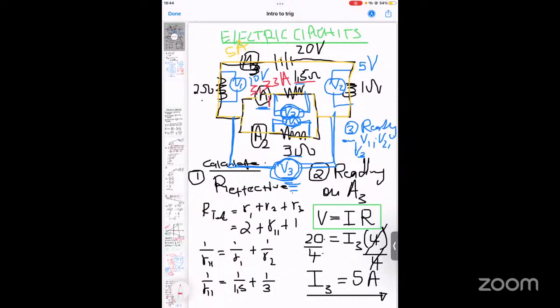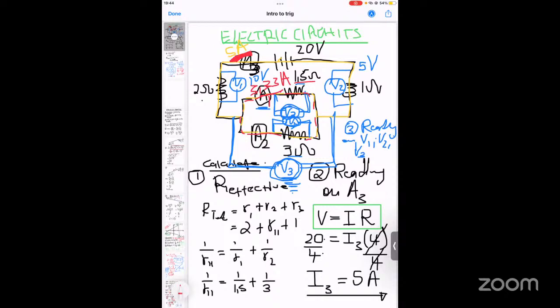It is obvious that the one passing through this other side will be 5 minus that one. Because we said this current that is 5 splits. Part of it will go through that side and part of it through that side. At the end of the day, when we combine them, it takes us back to the unsplit current.